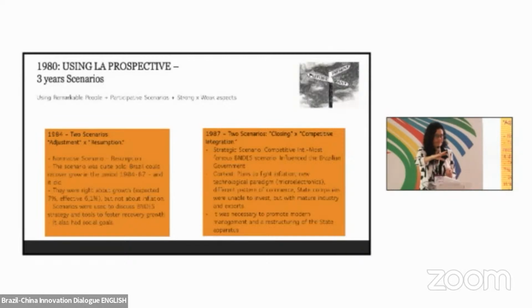The export model ended. It's not possible anymore to continue growing in this development model. We have to integrate the internal market with exports. You have a new paradigm. Microelectronics have to be rethought. The state doesn't have any more conditions to invest because it's broken and the companies don't have resources.